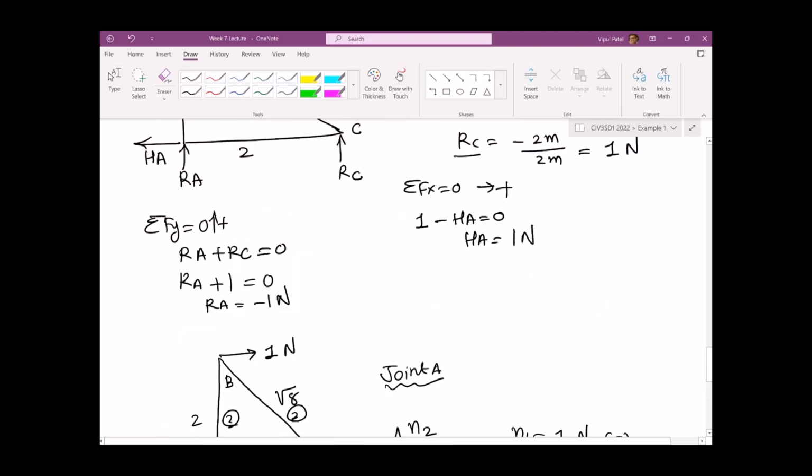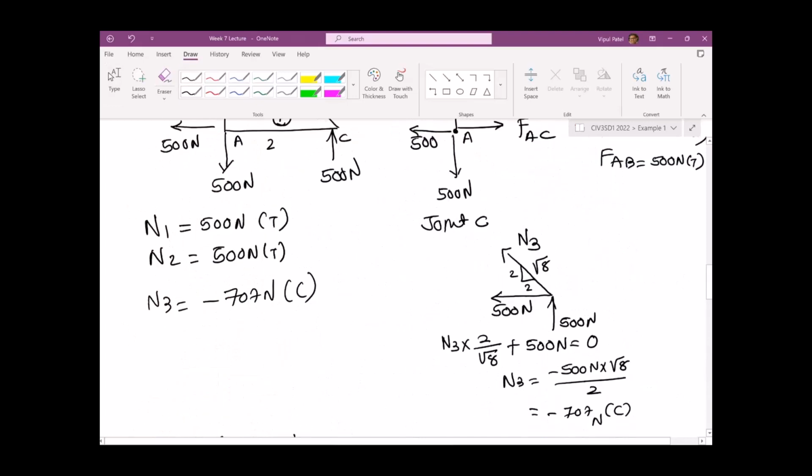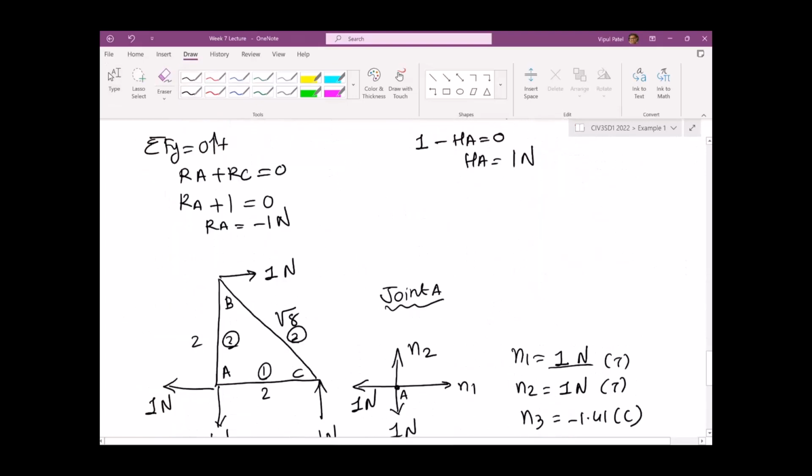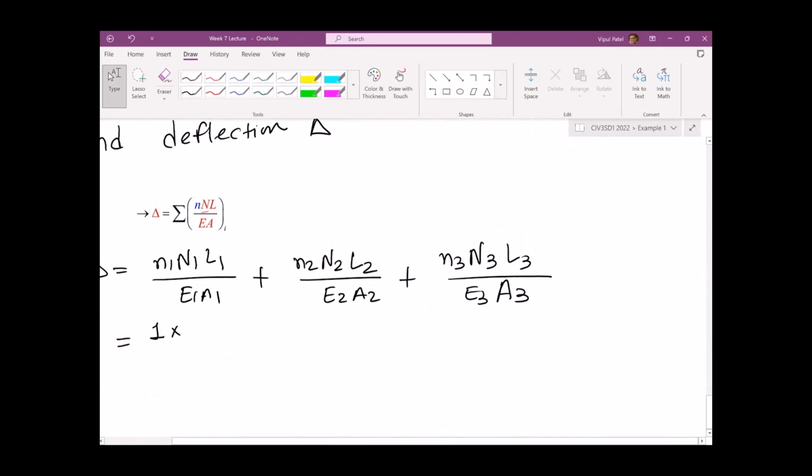Times capital N1. Let's go back and find it: 500. Length L1 is 2 meters, over Young's modulus, which is constant.